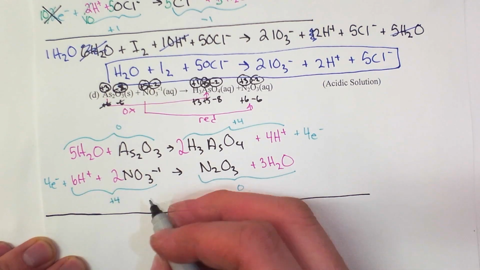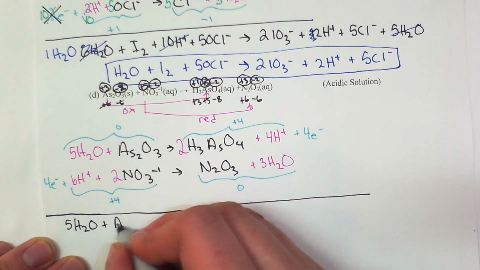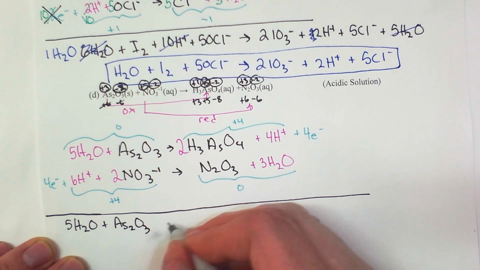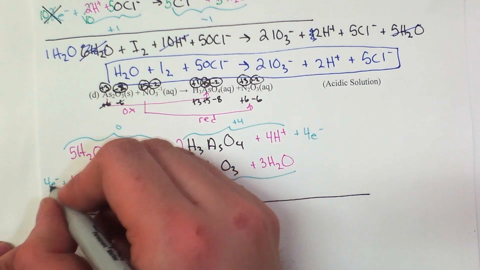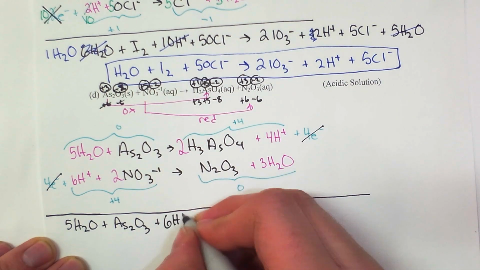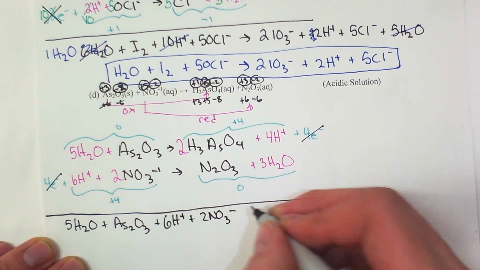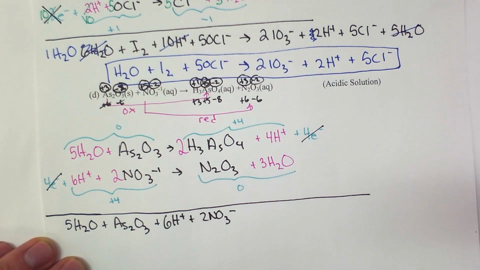So 5H2O plus As2O3. Again, the electrons aren't going to be written out. And as you get more comfortable with this, you'll obviously start canceling before you add them.